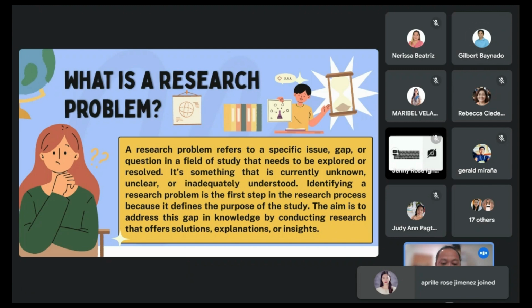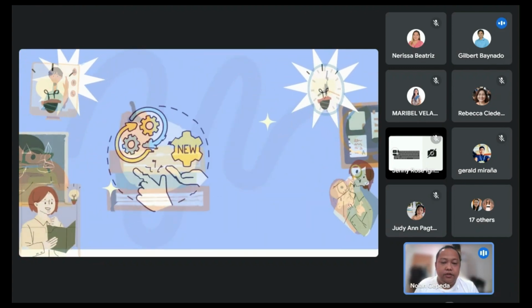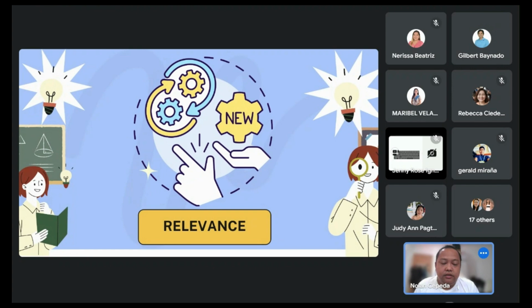So these are the criteria for selecting a research problem. The first one is relevance. In selecting a research problem, it should be relevant to our field. As teachers, it only makes sense that the problems to be tackled should be related to our field.